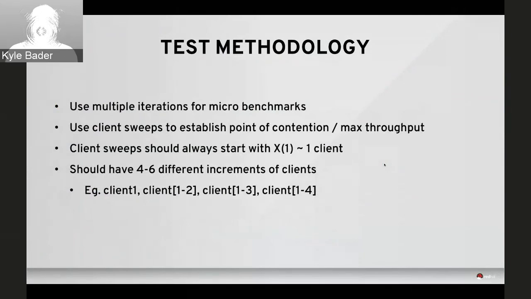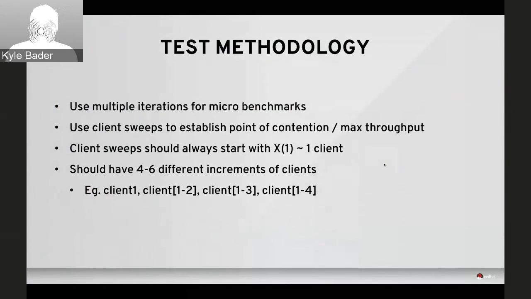So by doing a client sweep, you can see that nice incremental load building on the cluster, and then you'll know that you have established enough client load once you see a point of contention and you start to get diminishing returns by adding clients.